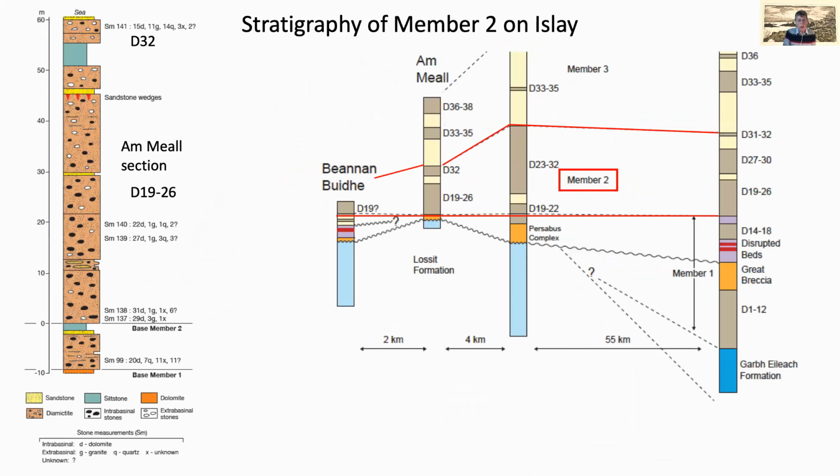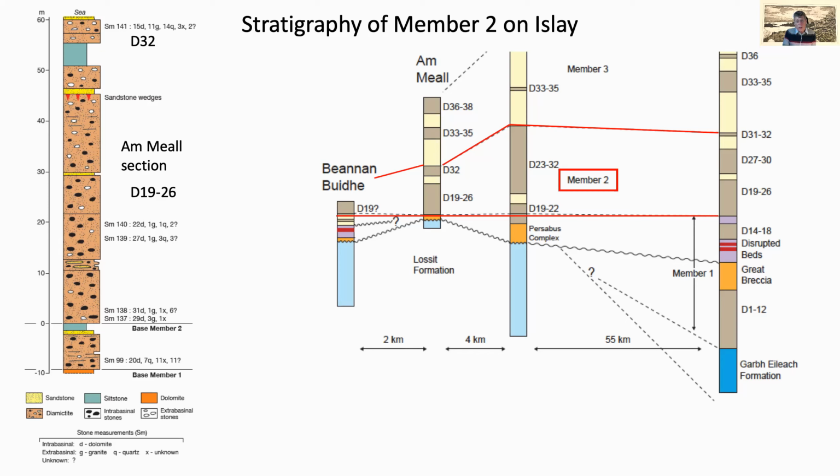Okay, if we contrast that with the section on the island of Islay, you can see here a correlation of member 2 between the red lines, and you can see that the proportion of diamictite is much greater relative to sandstones. You can also see that member 2 comes almost to rest on the subjacent rock units, in this case the Losset Formation.